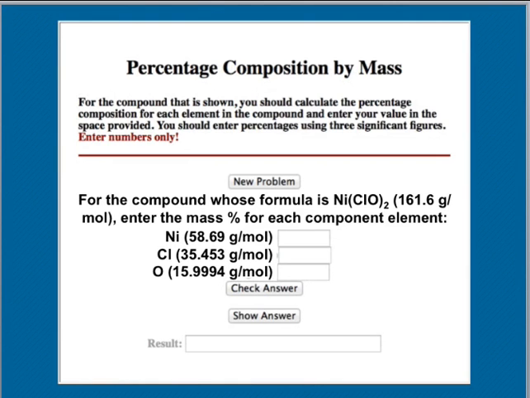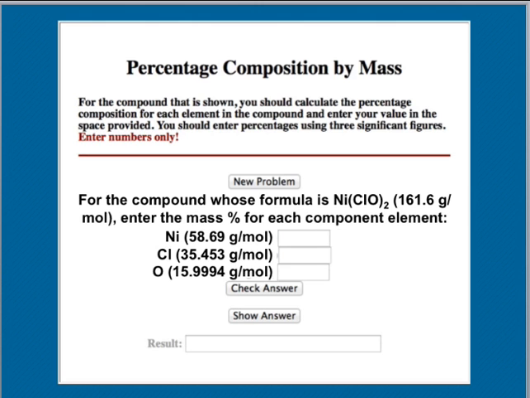This tutorial will give you a compound, its molar mass, and we're going to calculate the percent for each of the elements. So, in our nickel hypochlorite, nickel 2 hypochlorite, we would have 1 nickel, 2 chlorines, 2 oxygens, right? 1 mole of nickel weighs 58.